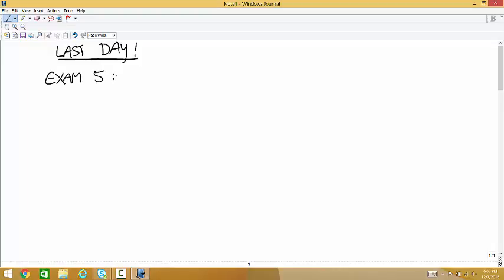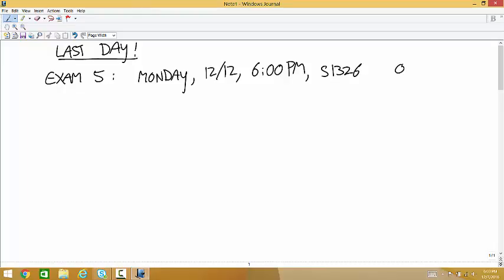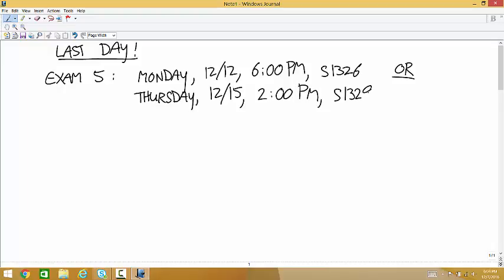Exam 5 you can take either on Monday night at 6 p.m. in this room, or Thursday at 2 p.m. in the room next door, 1328. So whichever one of those works better. You don't have to tell me ahead of time, just show up.